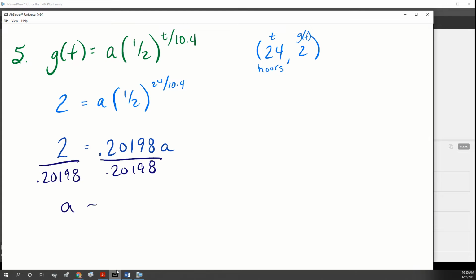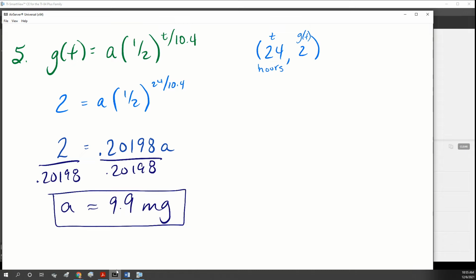So I got that the initial amount is approximately 9.9 milligrams. Right, so that's the answer to the first part of the question.